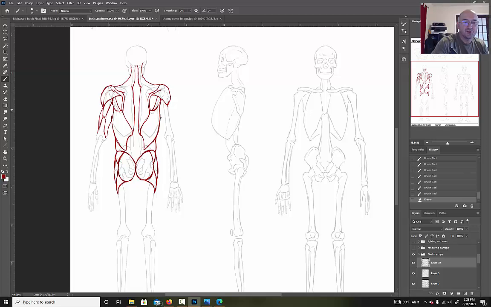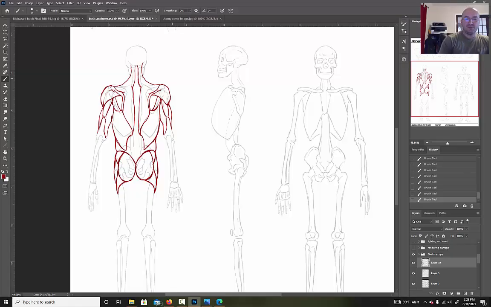Again, we've got the large head to the tricep. We've got the smallest head to the tricep. And it makes that nice horseshoe shape for the back of the arm.